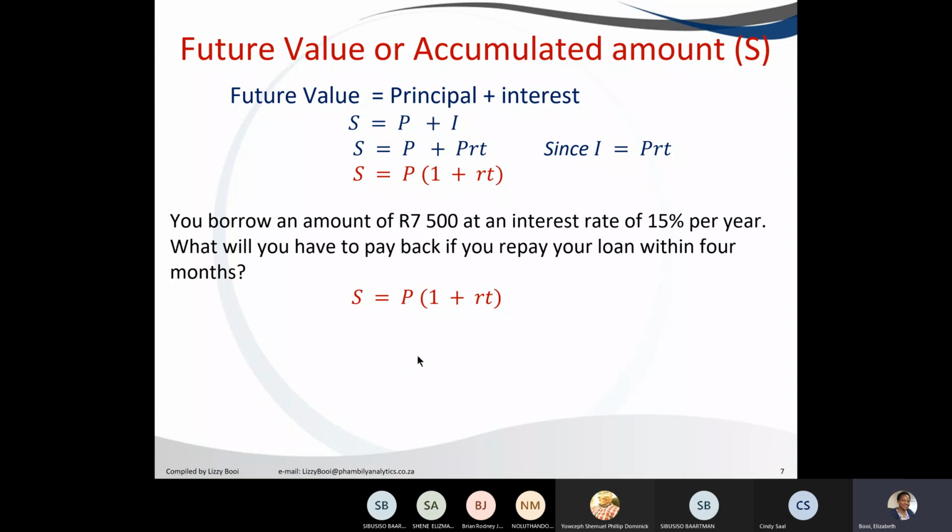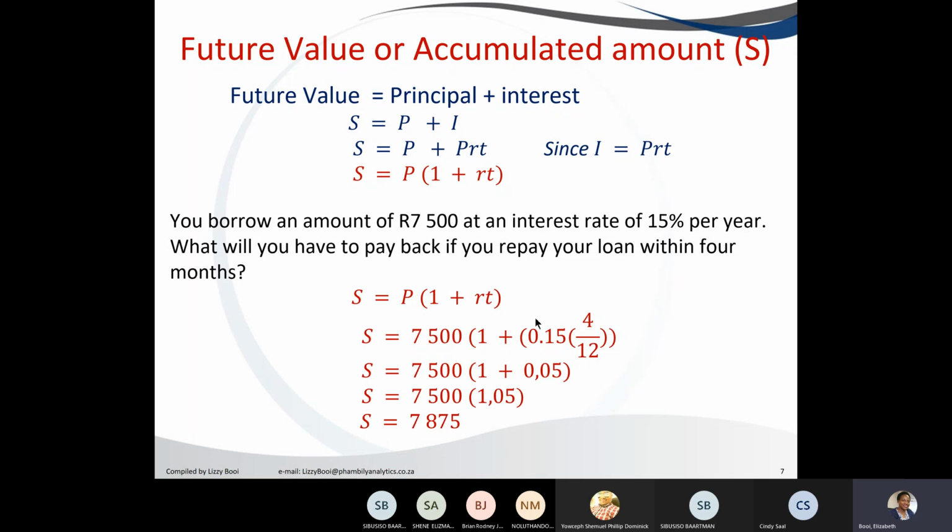We looked at an example where we calculated the future value of an amount of 7,500 that was borrowed at an interest rate of 15%, payable in 4 months. Since it was payable in 4 months, we needed to convert the months into a year, and we substituted into the formula and calculated, and the future value was 7,875.